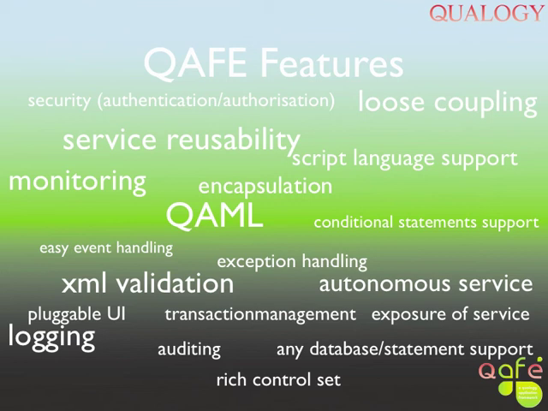It supports scripting languages like Python for expression evaluations, supports any database along with several other features like logging, auditing, transaction management, monitoring, etc. In addition to those, QAFE also enables service reusability. It's loosely coupled, making maintenance and event handling easy, and the list of additional features simply goes on and on.